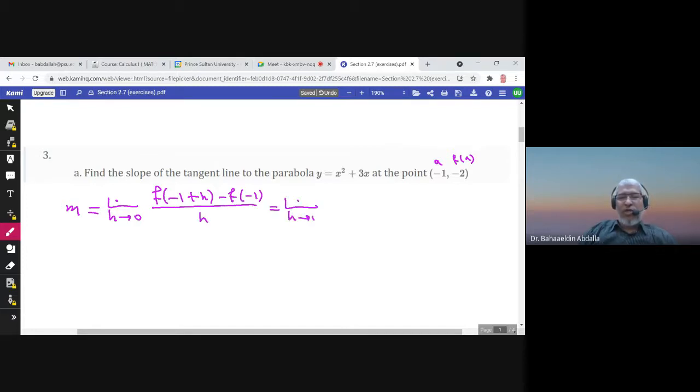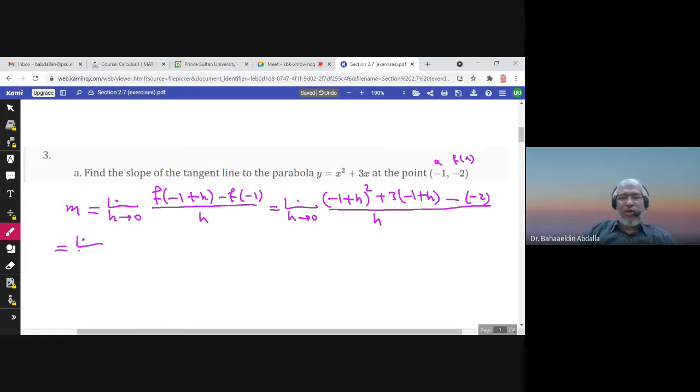So it is the limit of f of negative 1 plus h; I replace x by negative 1 plus h. So I have negative 1 plus h to the power 2, plus 3 times negative 1 plus h, minus f of negative 1, which is negative 2, over h.